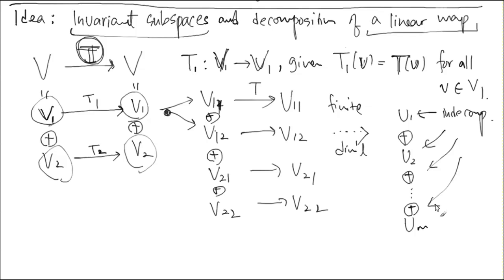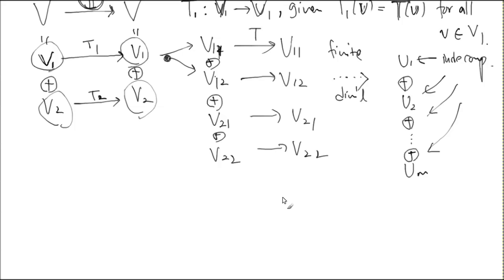All right? So I give you a large space and a linear map, and you think about breaking it down into indecomposable subspaces like this. This is like factoring a large number. So I think I just argued that the existence of a decomposition into what?